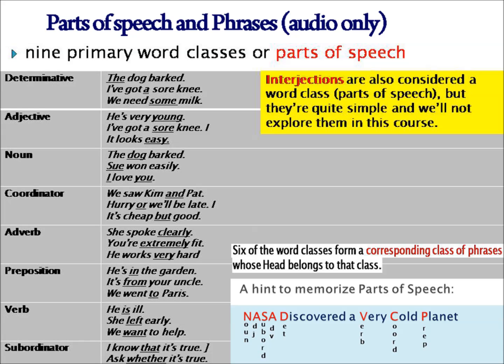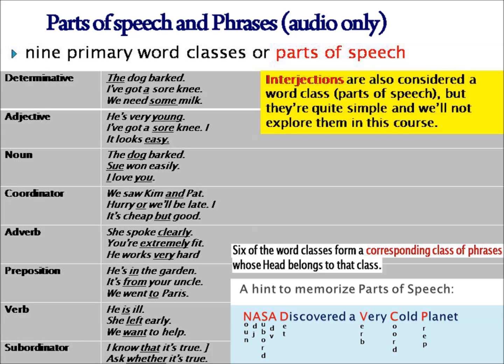So for each part of speech, we have, for each phrase we have a corresponding part of speech. Okay? So, what are these phrases? 6 of these 8 word classes, or these 8 parts of speech, have corresponding class of phrases.